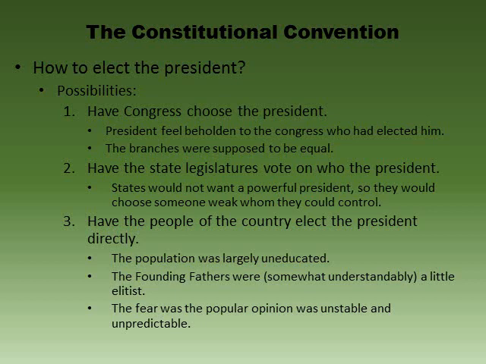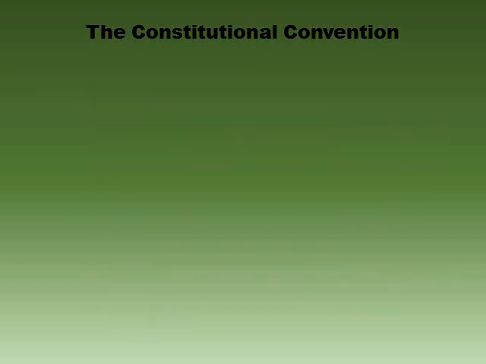If you look at opinion polls we have today, you'll see sometimes we have a presidential election and there will be a poll on who you support, and those numbers go up and down constantly. So public opinion does change, even from day to day. And so they really felt that wasn't a good way to go forward, to base such an important decision on something as changeable and unreliable as popular opinion. And so the three main possibilities that they saw, none of them really looked all that good.